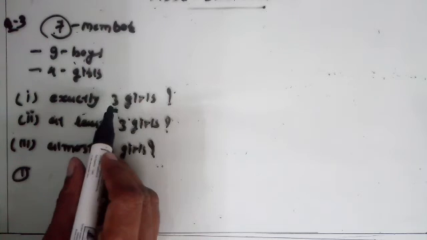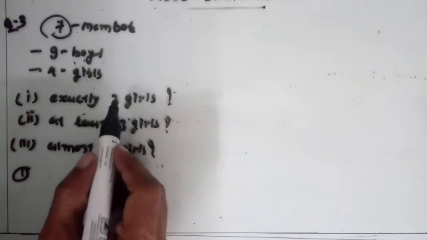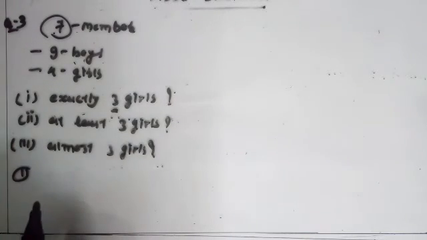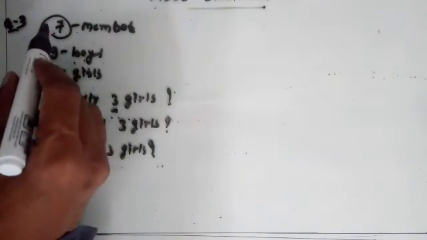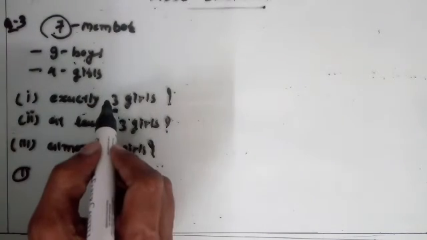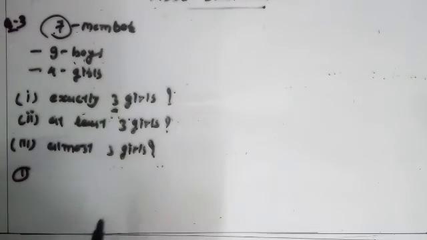Exactly 3 girls means not more, not less, exactly 3 girls. So first we select 3 girls out of 4 girls, and the remaining, 7 minus 3, that is 4 persons, from 9 boys.